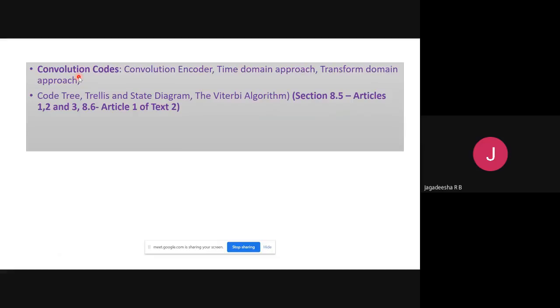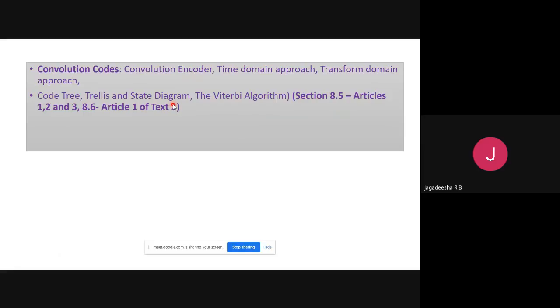This is another type of channel coding method, very popular. We will see how to encode the data, as well as how to decode the data. In order to decode the data, we use a specific algorithm called the Viterbi algorithm. All these algorithms are used in present communication systems.